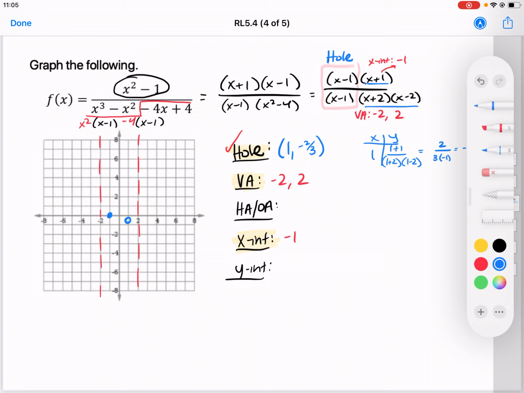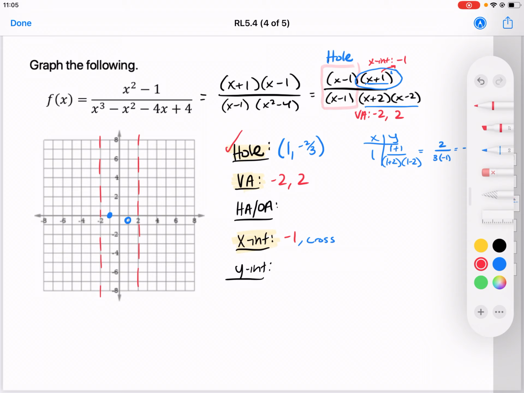Now, if you recall back when we did graphing and sketching polynomial functions, for x-intercepts we always figured out if they bounce or cross based on the exponent. Remember, if it's an odd exponent, it's going to cross. If it's an even exponent, it's going to bounce. So I'm just going to make a note of that. This is an odd exponent, so it crosses. Then we go back to our original function for the remaining parts.